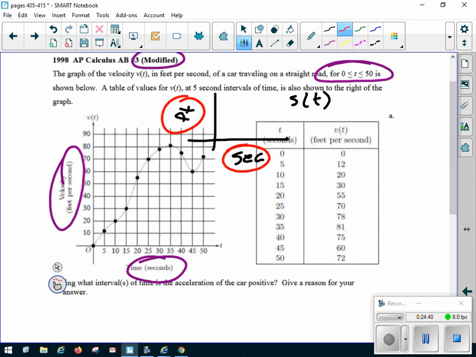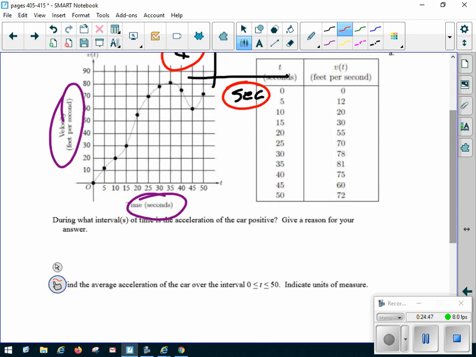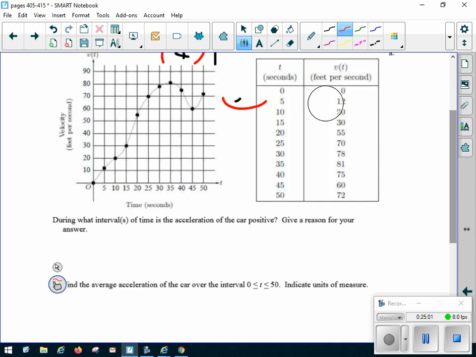That'll be feet per second, okay? Now look here. What if I do this and this? That's feet per second. So, yeah, okay. I feel you.